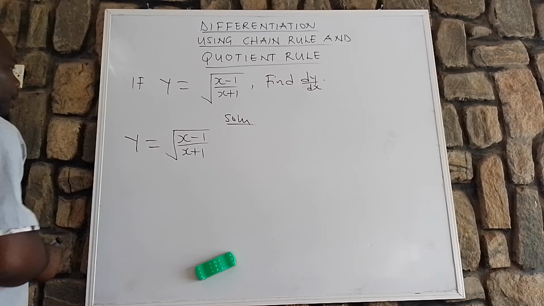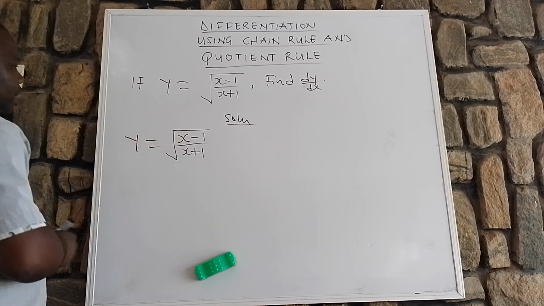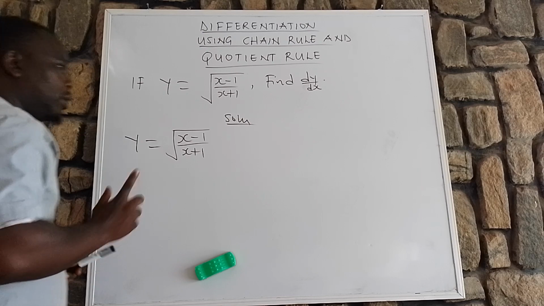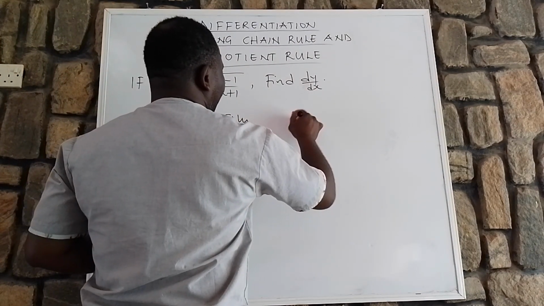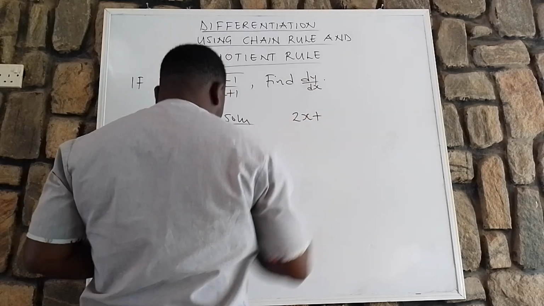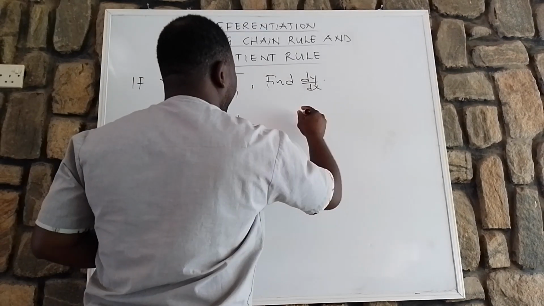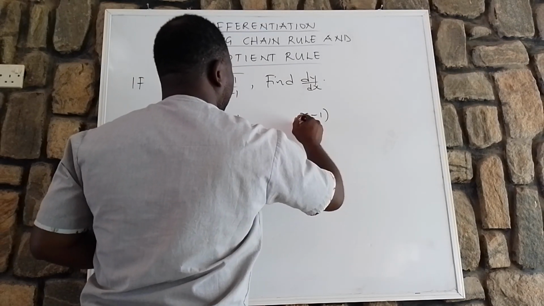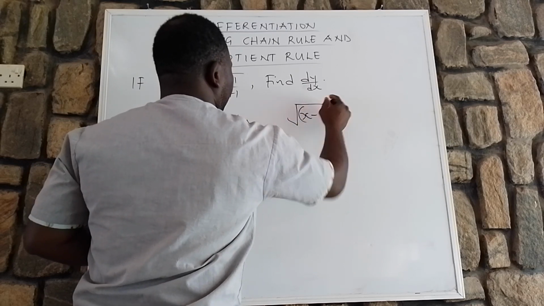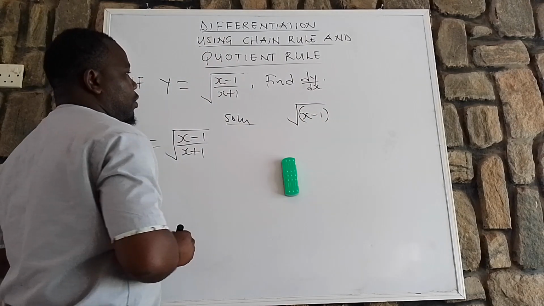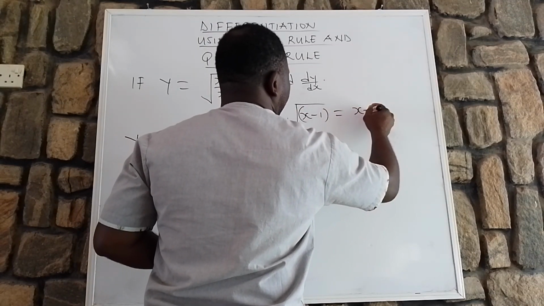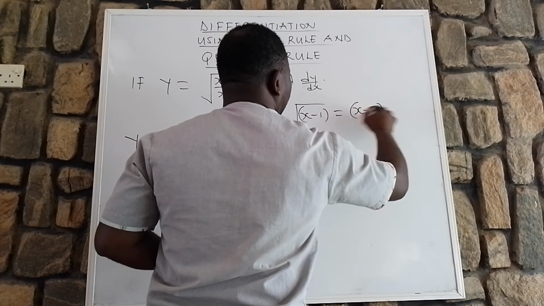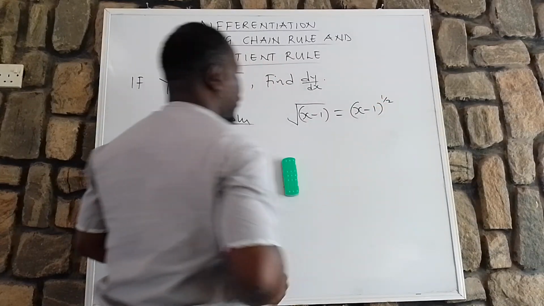Now, before we can differentiate this function, I want us to know something. Go back to your indices. If we have x minus 1 all in bracket square root, you know that in indices this is the same thing as x minus 1 raised to the power of 1 over 2, true or false?